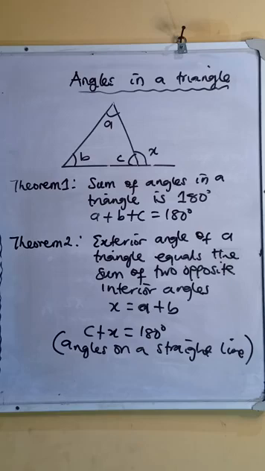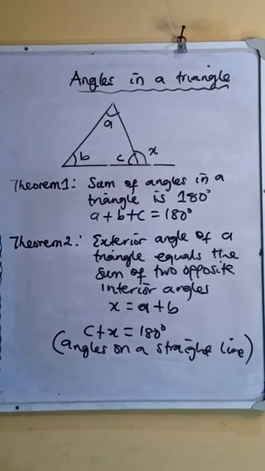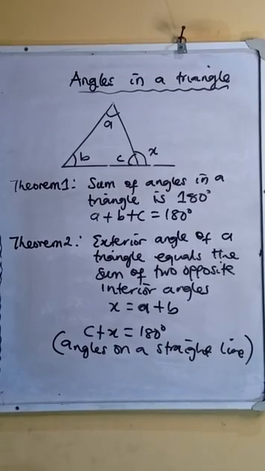Now, another thing that is very important for you to know is the types of triangle. It's very, very important that whenever you are solving any problem that has to do with triangles, you know the type of triangle you are dealing with.